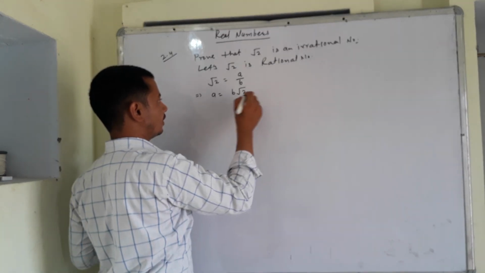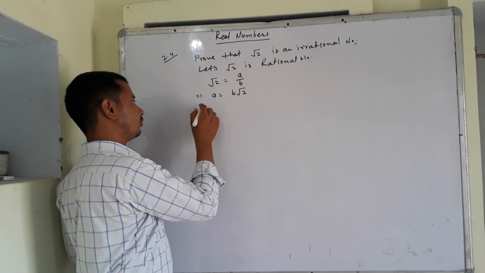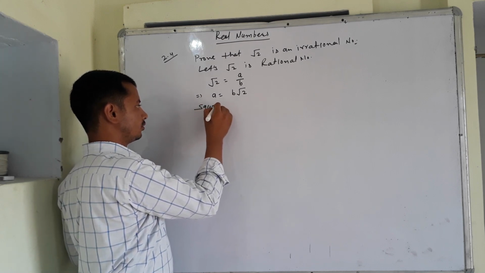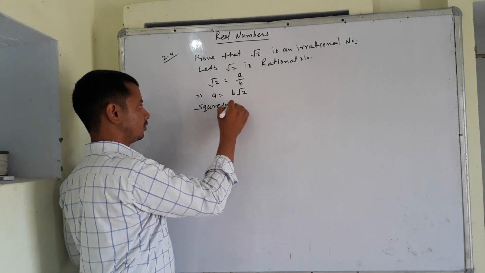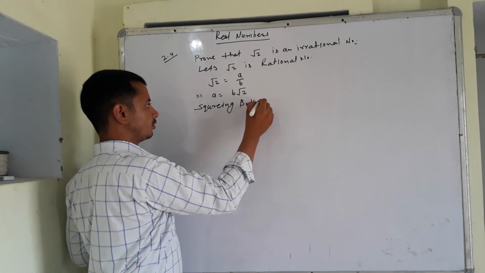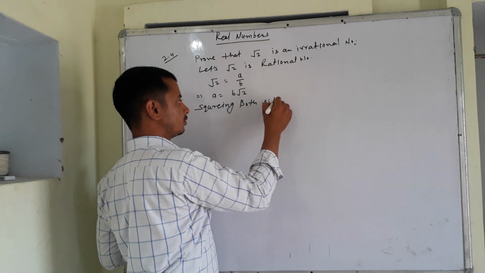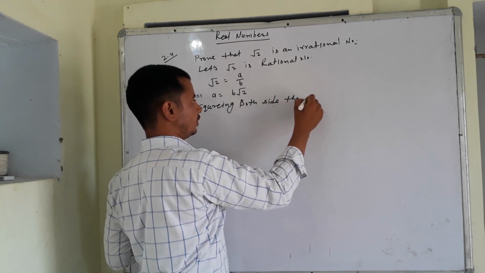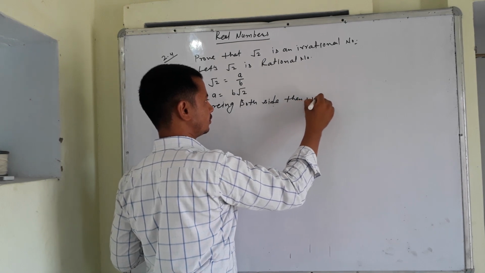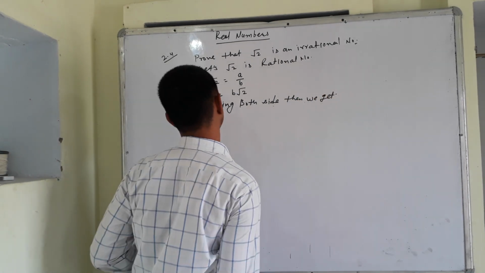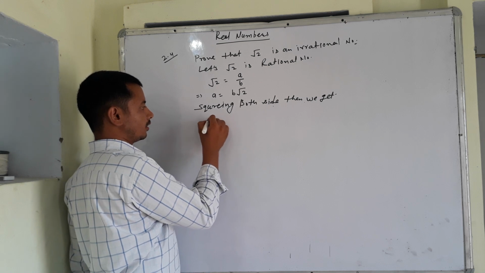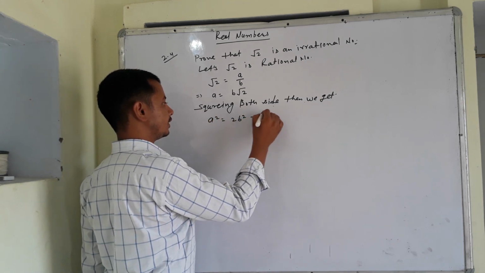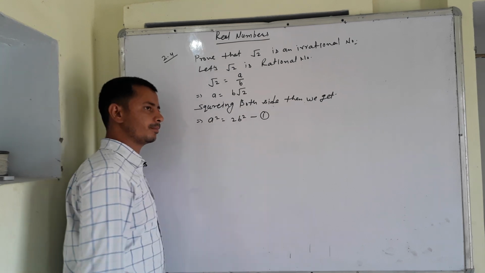Okay, squaring both sides, then we get a square equal 2b square. Put this as equation first.